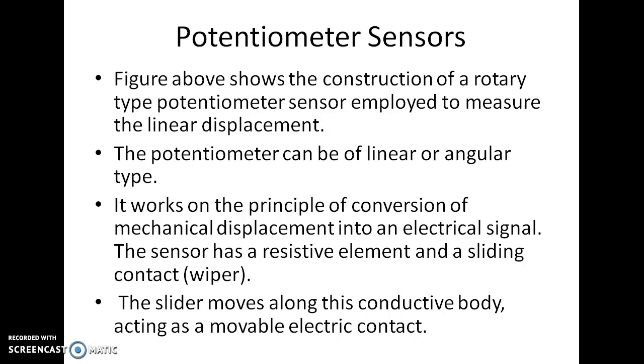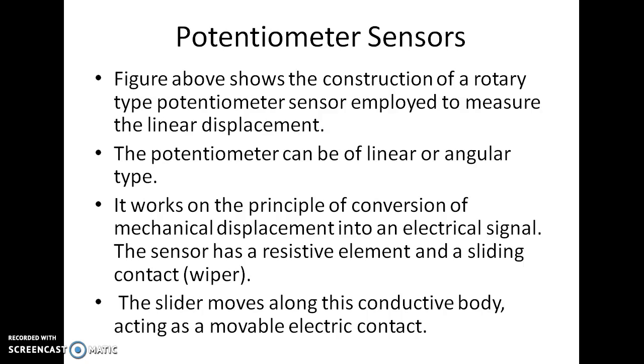First one is our potentiometer sensor. I will show you one figure which will show you the construction of the potentiometer sensor. Here you will see one rotary type of potentiometer sensor employed to measure the linear displacement. The potentiometer can be of linear or angular type. If the potentiometer is measuring linear displacement, then that is known as linear type.